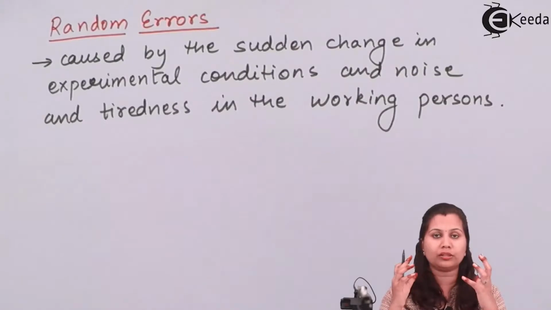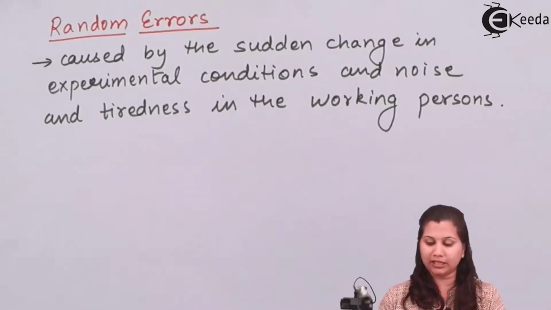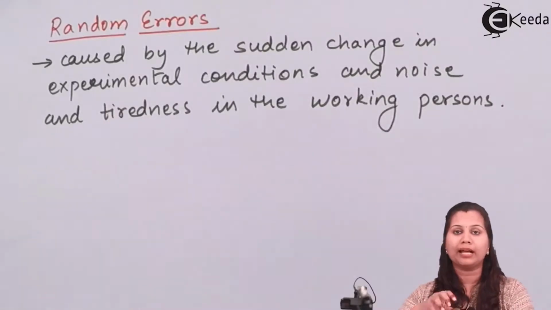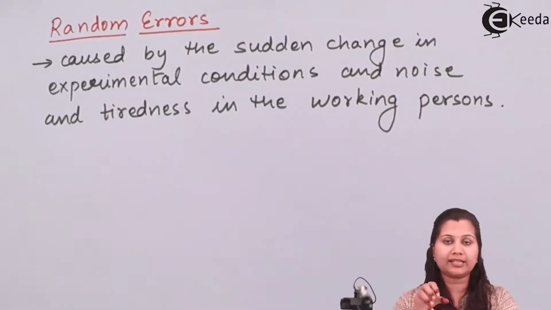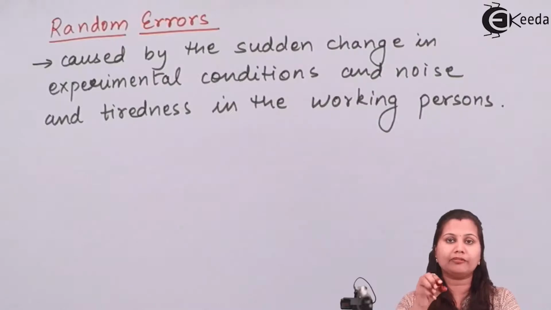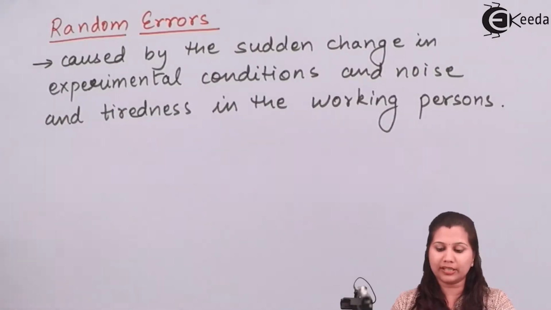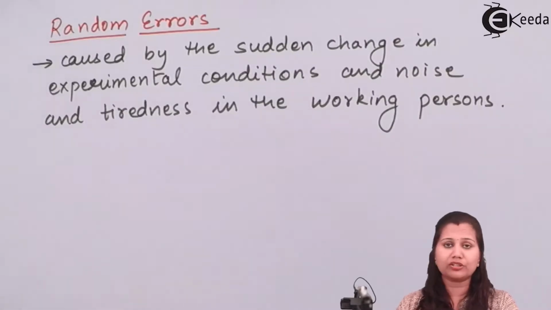So due to some environmental changes in the experimental conditions, like when we are taking the readings, the temperature should be maintained at 50 degrees Celsius, but suddenly the temperature has changed. Also, if we have placed the instrument on a flat top, and suddenly some vibrations have occurred, due to which the instrument setup has changed.